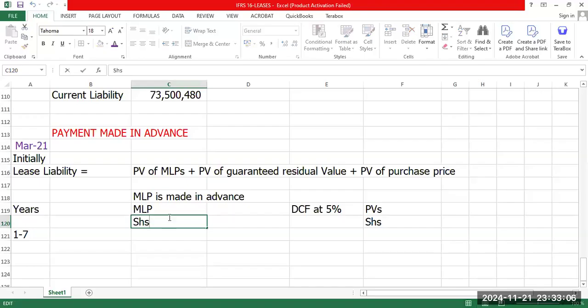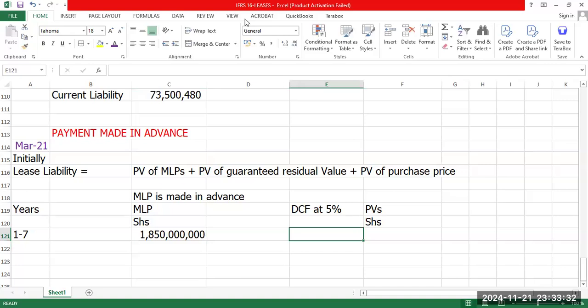If you keep 3 zeros, you will be working in millions. Fine. Then the discount factor. This is annuity.